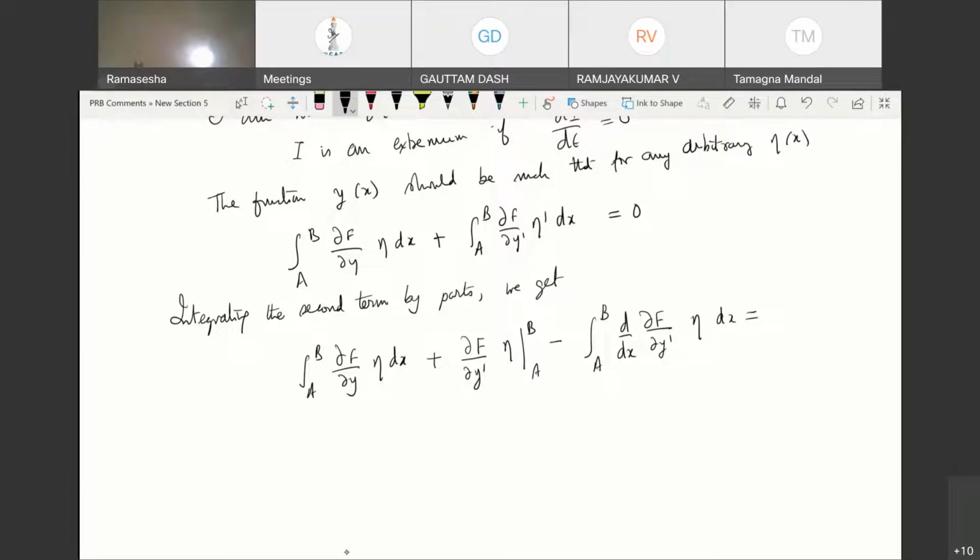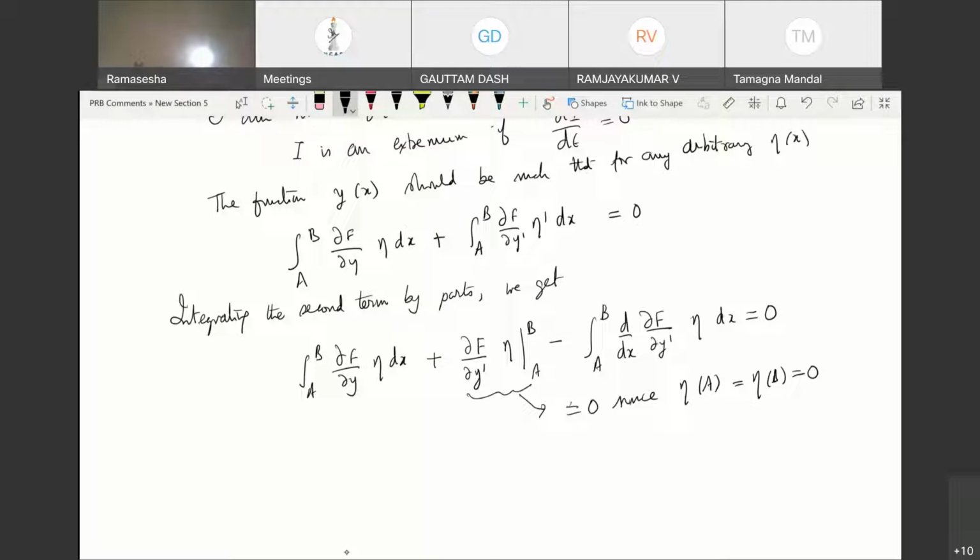Okay, so what you notice is that this boundary quantity is going to be 0, since eta a equals eta b equals 0, because that's the way I defined eta.